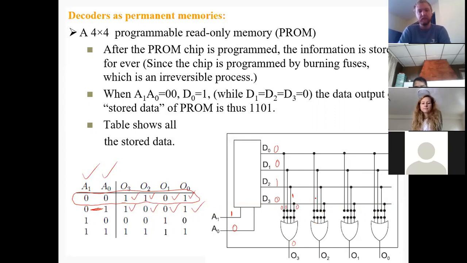So how about here? This is 0. Then this is 0. This guy is 0. So how about here? This is 1. This is 0. How about here? 1. How about here? This is 0. This is 0. This is 0. See? 0, 0, 1, 0. When 1, 0, then you get 0, 0, 1, 0. Does it make sense so far?